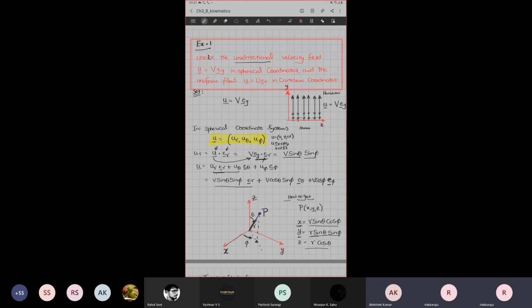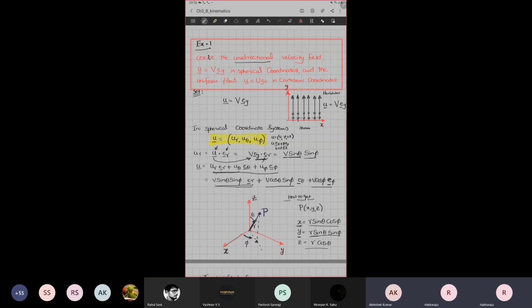So my total velocity in the spherical coordinate system becomes Ur er, Utheta etheta, Uphi ephi. It is V sine theta sine phi er, the X coordinate projected onto spherical, the Y coordinate V cos theta sine phi multiplied by etheta, and V cos phi ephi.